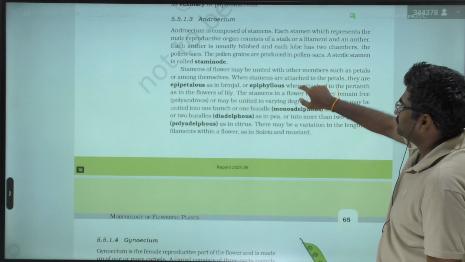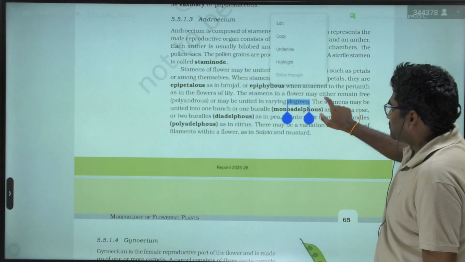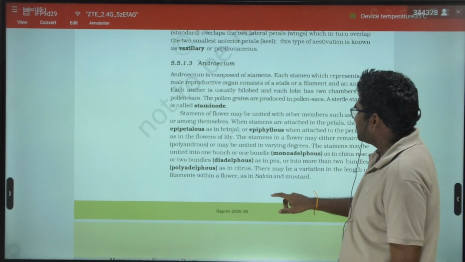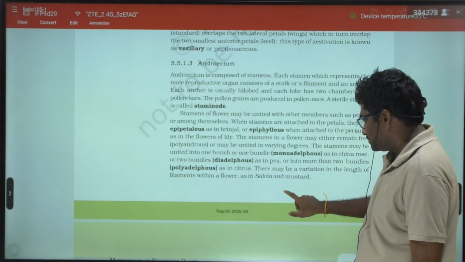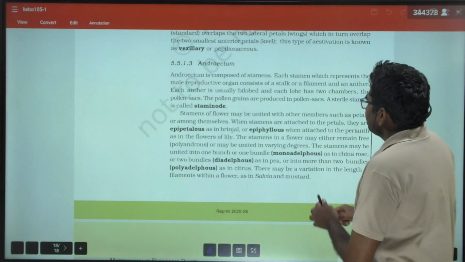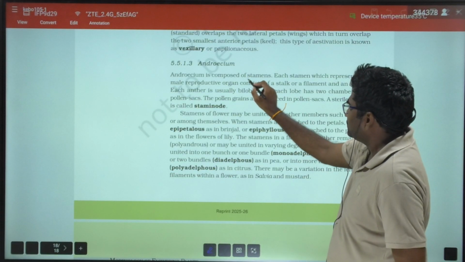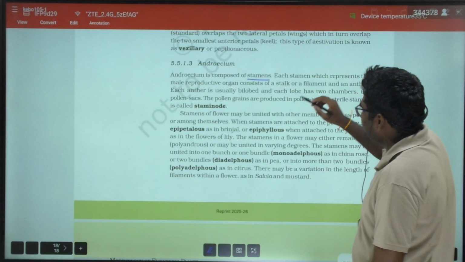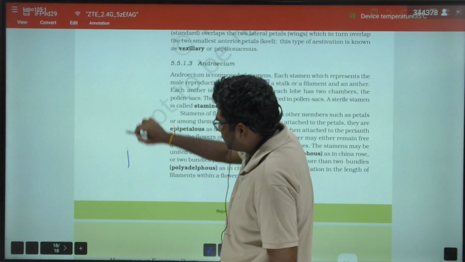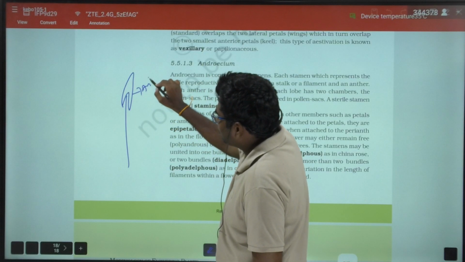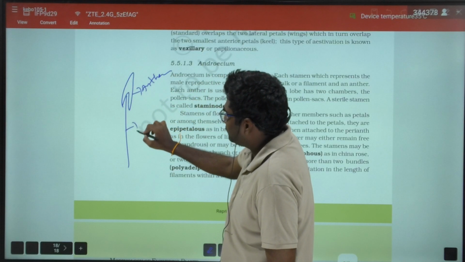Next, androecium. Androecium is composed of stamens. So the unit of the androecium is the stamen. Each stamen represents the male reproductive organ, and each stamen has mainly two parts, that is anther and filament.